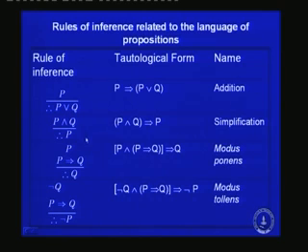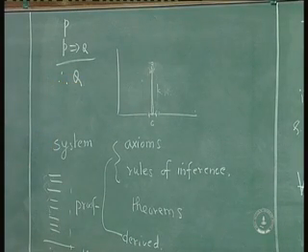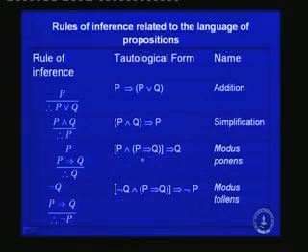From P and P implies Q, you can conclude Q. This is called modus ponens. From not Q and P implies Q, you can conclude not P. This is called modus tollens.